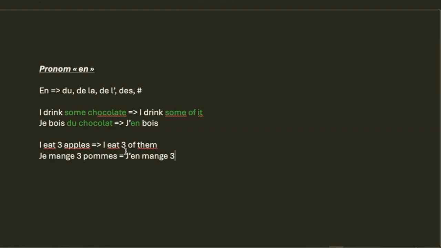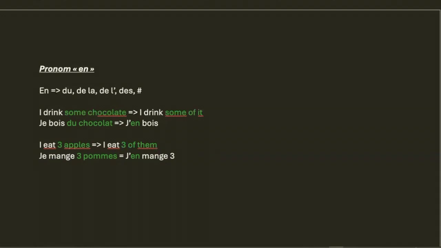Make sure to keep the number, so this way I know how many of them you eat. D'accord? J'en mange 3. I have my number, 3 pommes, and that's going to be replaced by en. 3 of them. I'm telling you, it's easier in French. And that's pretty much it for that.